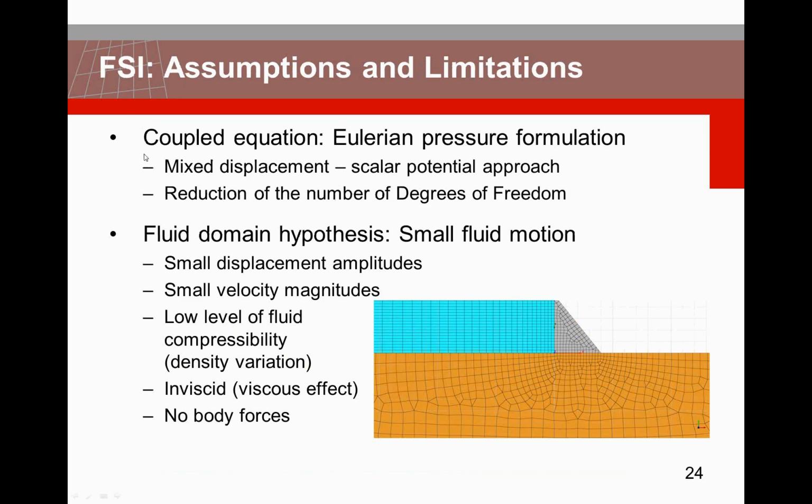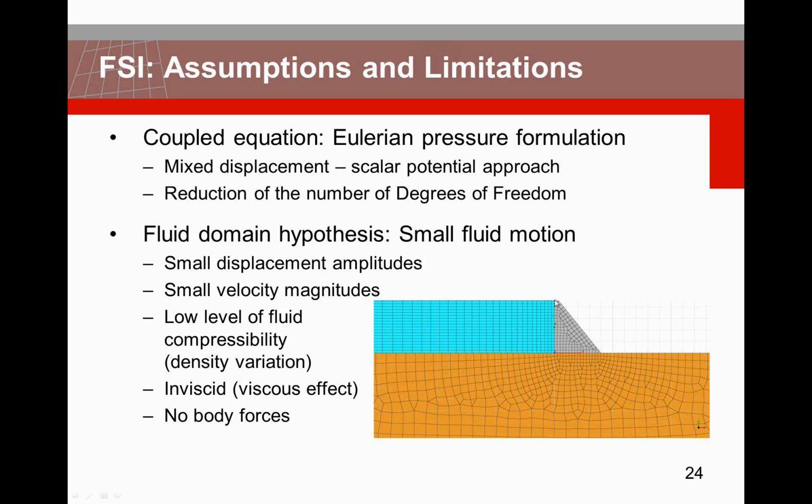So what is implemented in DIANA is a so-called coupled equation using an Eulerian pressure formulation. This is a coupling between the displacement of your structure, the dam here, and the potentials, the dynamic pressures here in the reservoir, the blue part. And what you will actually see is that there will be a reduction in the number of degrees of freedom, because we are not solving the structural part and the fluid part at the same time in one go.